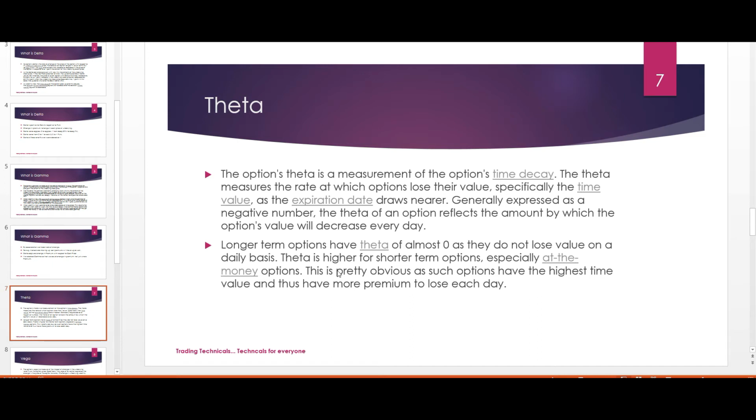The theta calculation is done on the basis of the change in premium divided by the time remaining to the expiration date.